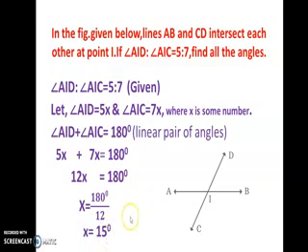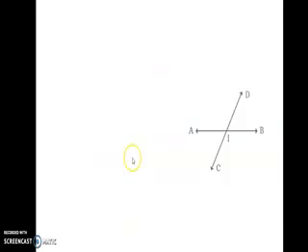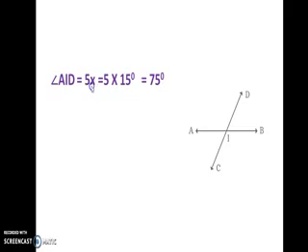So here now you got the value of this some number, that is x. The value of x is 15 degrees. So now you have to substitute the value of x in 5x, that you already took as angle AID. So substitute x as 15 degrees.